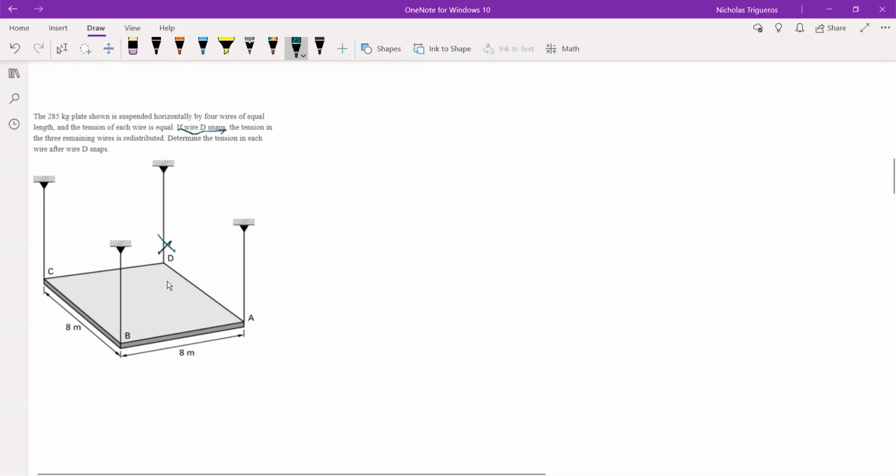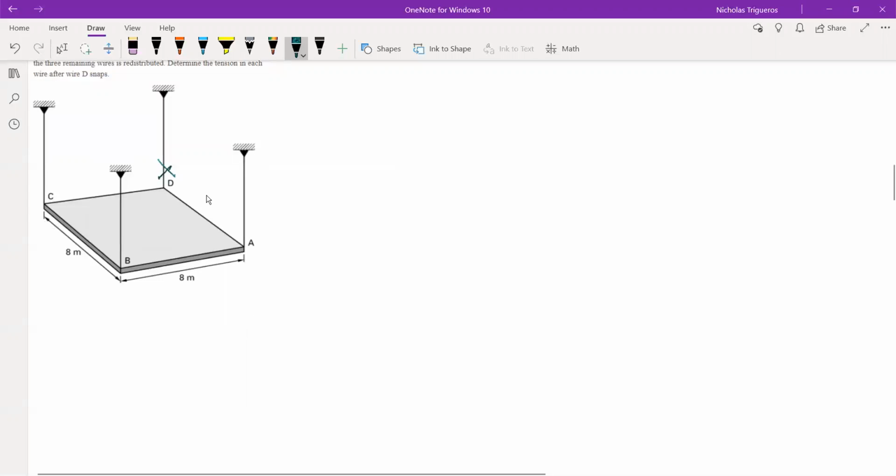So this is another one you technically could do intuitively, if you know the physics of what will happen when D snaps. Otherwise, we can solve it how we would solve any other statics problem. I'll go over the statics method first, and then the intuitive way after, at least the way I was able to do it intuitively.